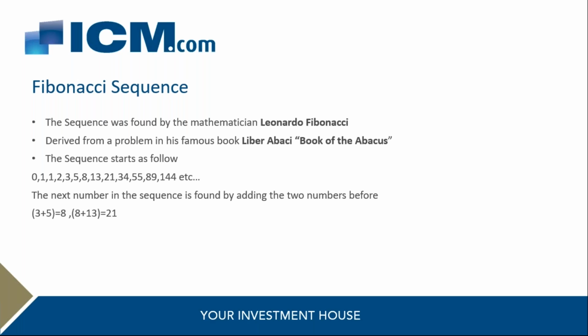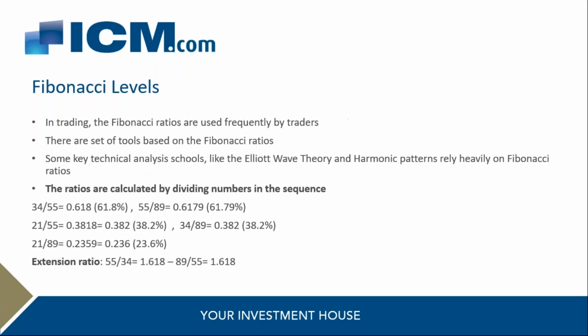Next, we have to find out how the Fibonacci ratios have been designed, which is a very important thing, because each Fibonacci number has been derived and calculated on different levels. Most traders usually look into the ratios and try to find out how exactly they were designed. There is a set of tools based on the Fibonacci ratio.